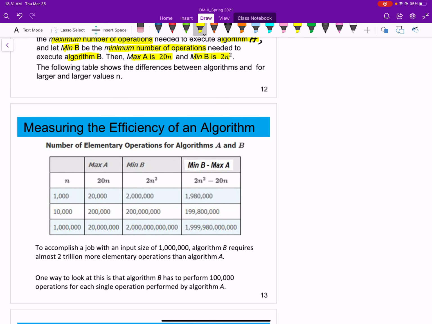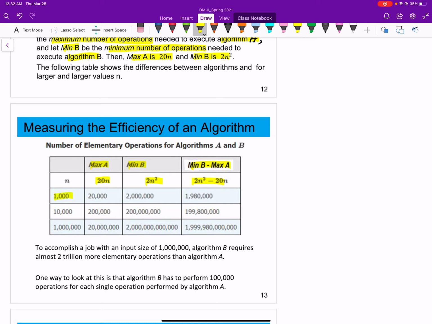This table explains the computational times for each algorithm with different input sizes. Max A is 20n, min B is 2 times n square, and this gives the difference.